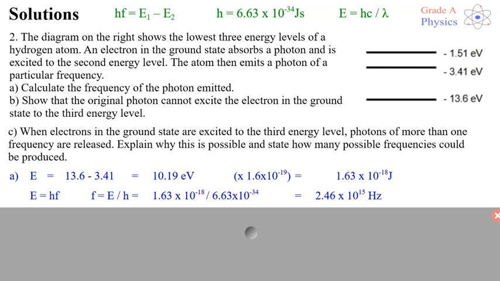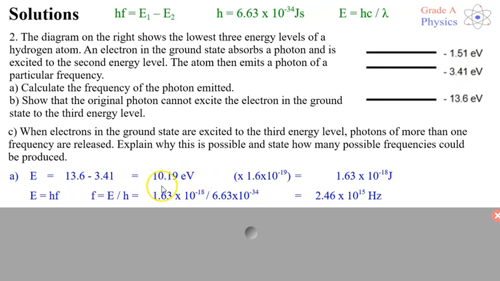Right, question 2, another fairly typical exam question. So it tells us we've got 3 energy levels here, and it tells us what's going on. The electron jumps from 1 to 2 and then back down to 1, so absorbed and then re-emitted. Calculate the frequency. Okay, so we need to look at the difference between these two energy values. We can ignore the negative if you prefer.